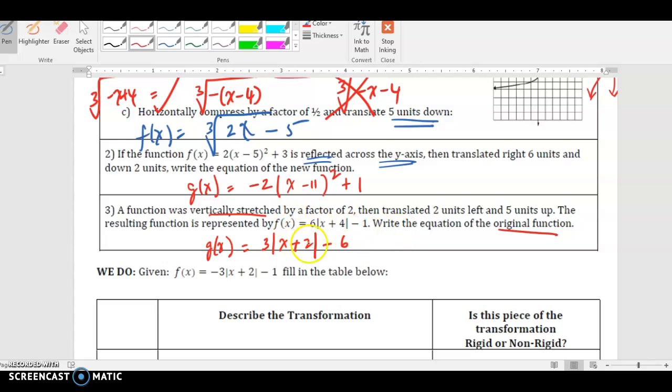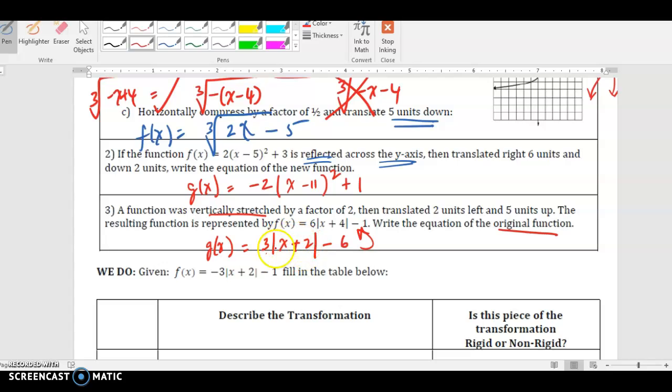So you can verify from this function, it went to this. That's what it means. So for it to become 6 from a 3, we should have multiplied by 2, which is 6. For it to turn 2 units to the left, from here it is moving further left.